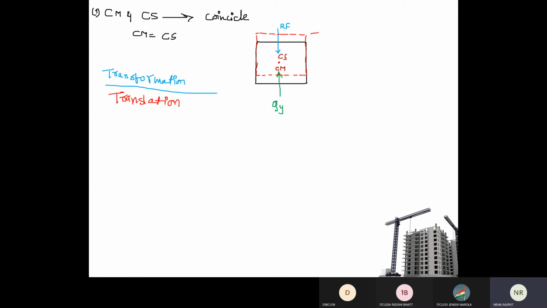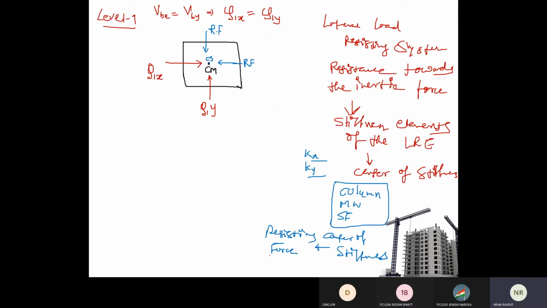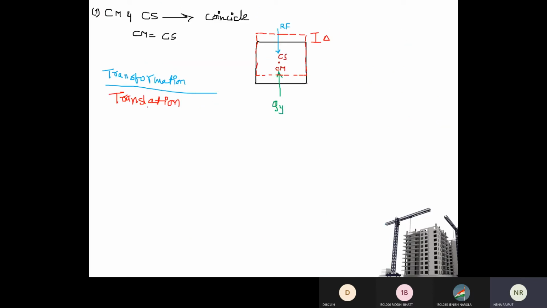So this is the deflection or translation of this body due to this inertia force, and this movement is resisted by this resisting force or restoring force. This is called the resisting force or restoring force also, both are the same. Right. So only translation will take place.